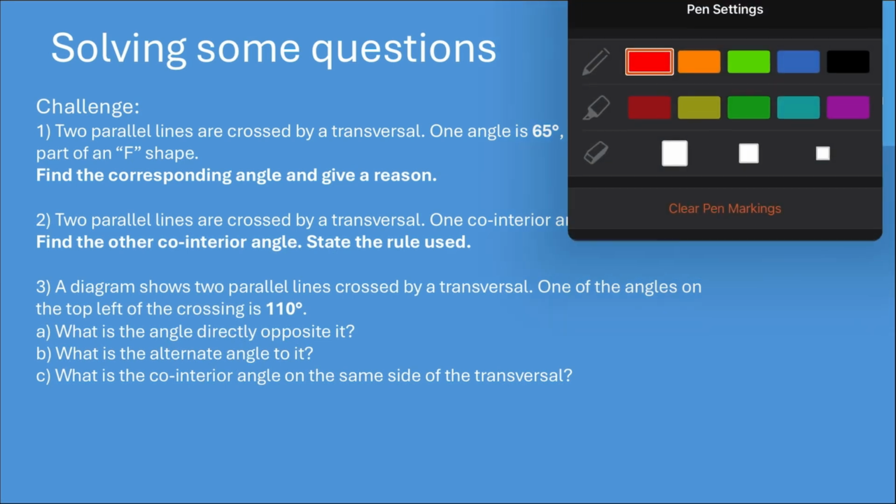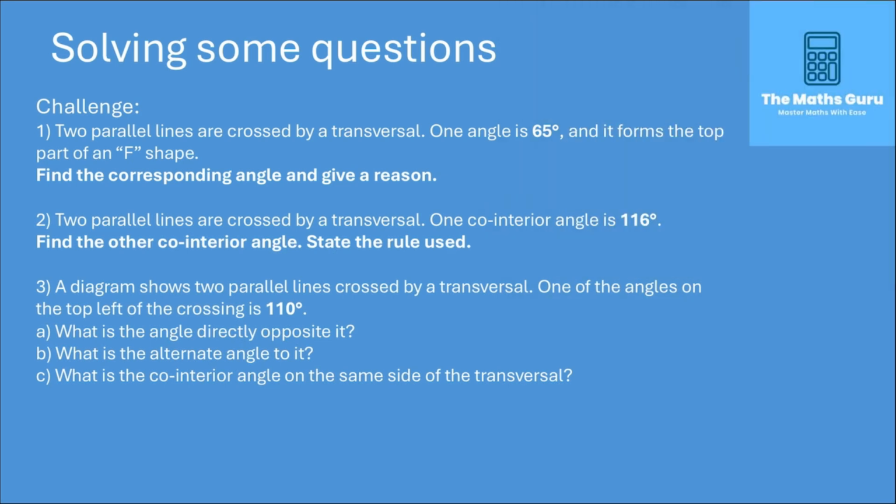So now we're going to look at solving some questions. So the first question is, two parallel lines are crossed by a transversal. One angle is 65 degrees and it forms the top part of an F shape.